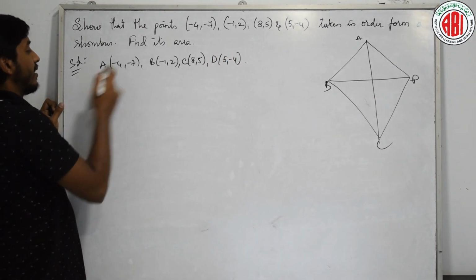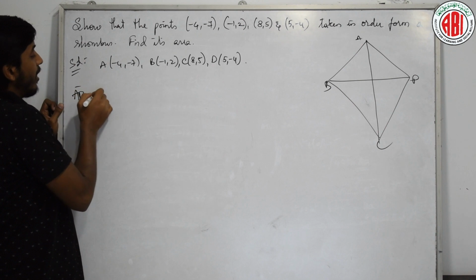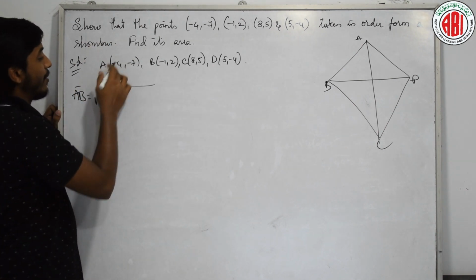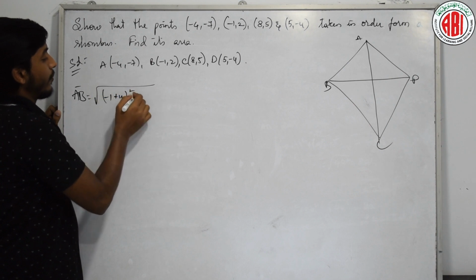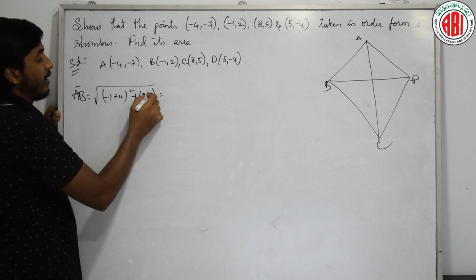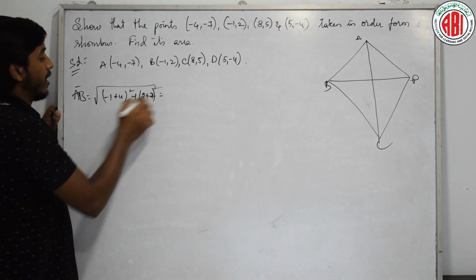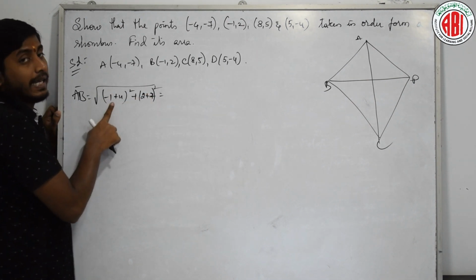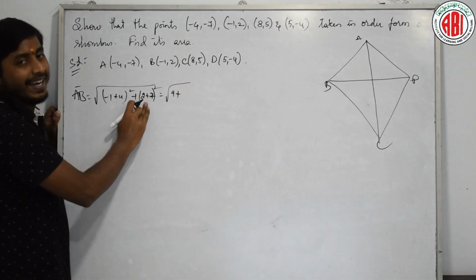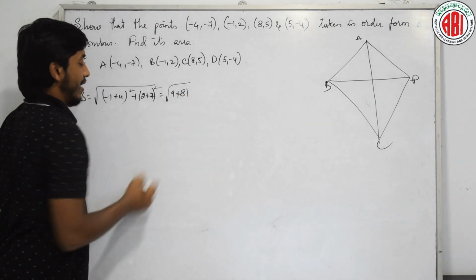अब बोलो AB का distance. I will not write any formula. I will directly substitute it. Okay. (-1 + 4) squared plus (2 + 7) squared. What is it? Tell me now. बोलो क्या होगा इधर? 4 minus 1, 3. 3 का square 9. 2 plus 7 क्या है? 9. 9 square is 81.